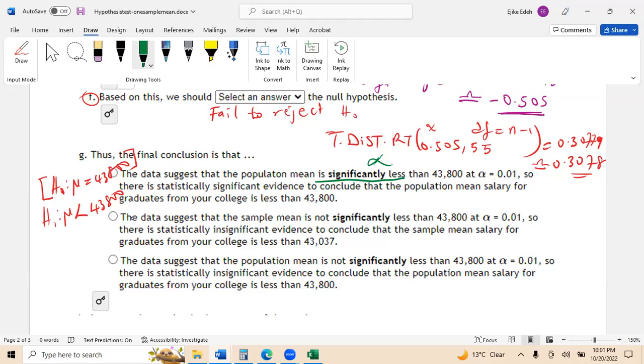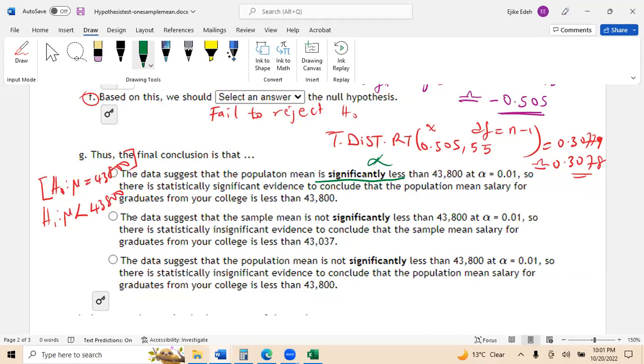So that leaves us with the last two options. Let's read. The data suggests that the sample mean is not significantly less than 43,800. That is correct because we fail to reject that it is equal to. If we fail to reject that it is equal to, it means it is not different. So it's not significantly less than 43,800 at the given alpha.